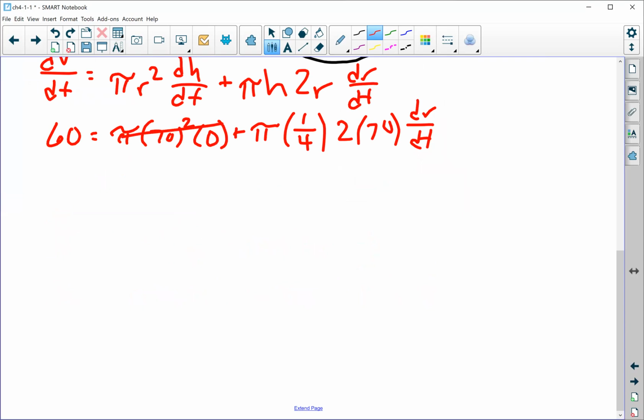That 0 helps out. It eliminates everything on that side of the plus sign. If I multiply out the 1/4, the 2, and the 70, I get 35 times pi.